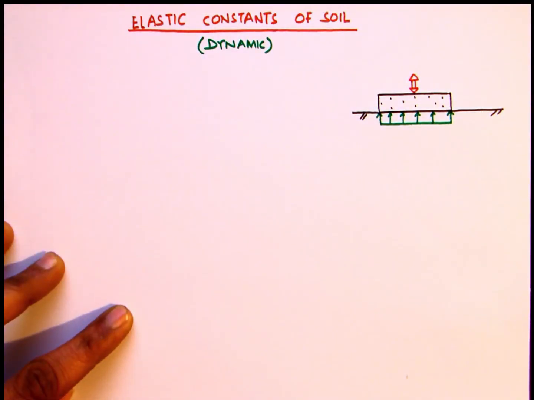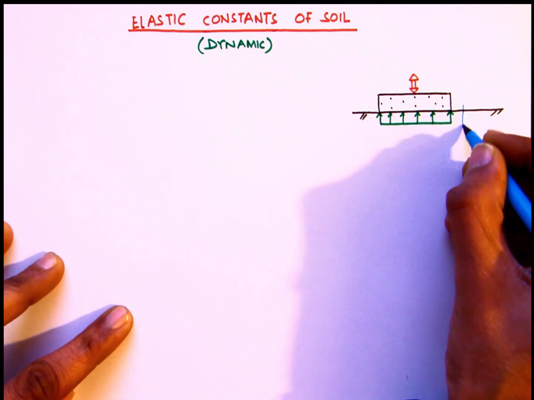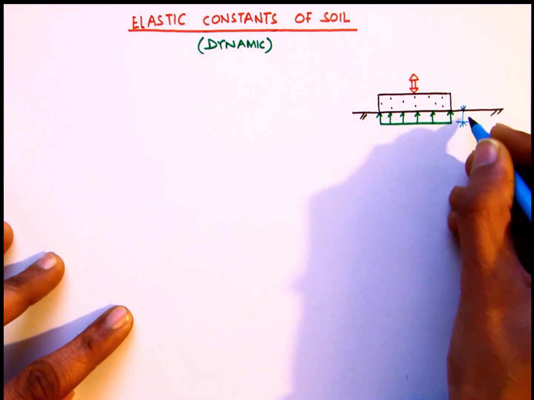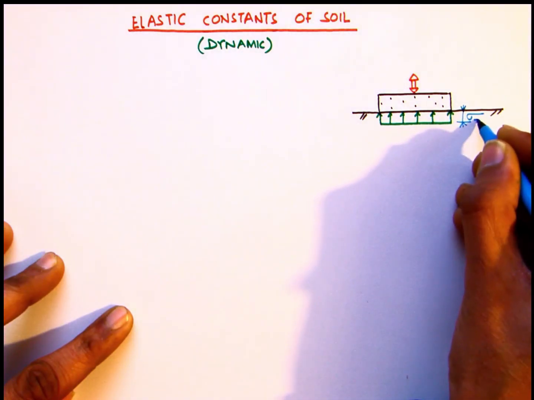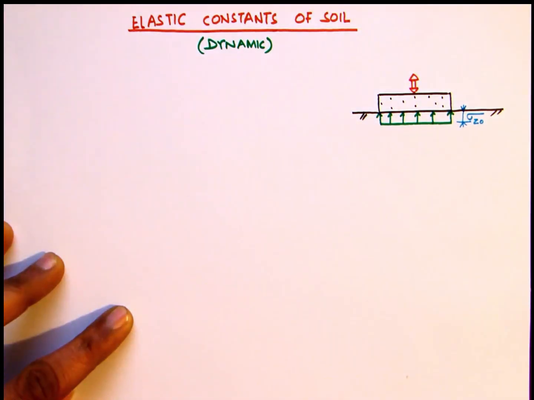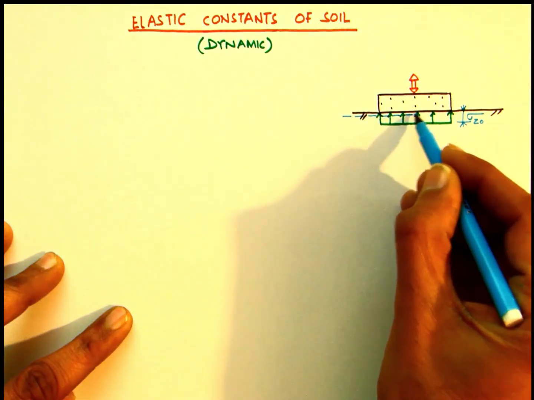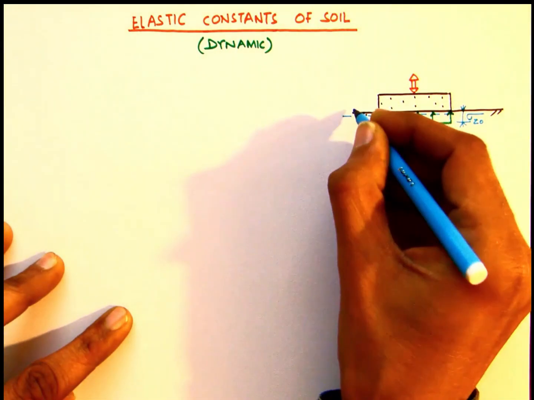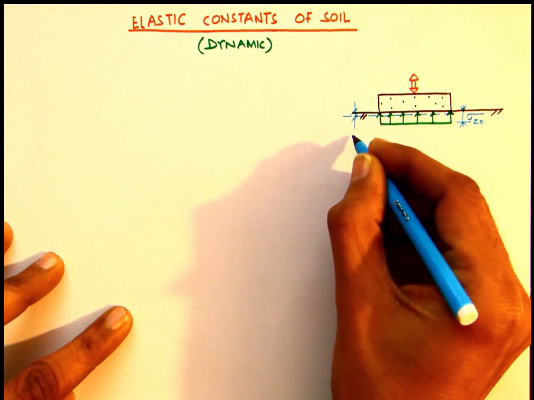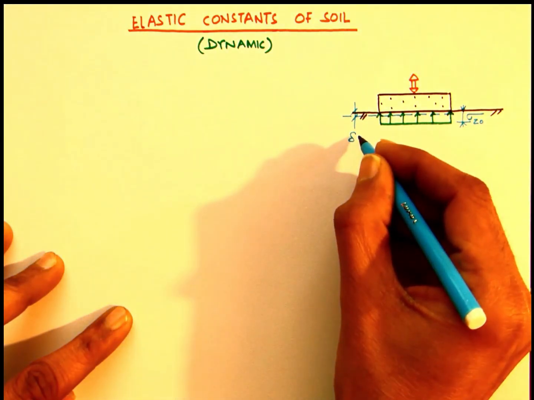So let there be the stress equal to sigma z naught, and that is the amplitude of the stress, and the corresponding displacement amplitude in the vertical direction undergone by the soil, let it be represented by delta naught.